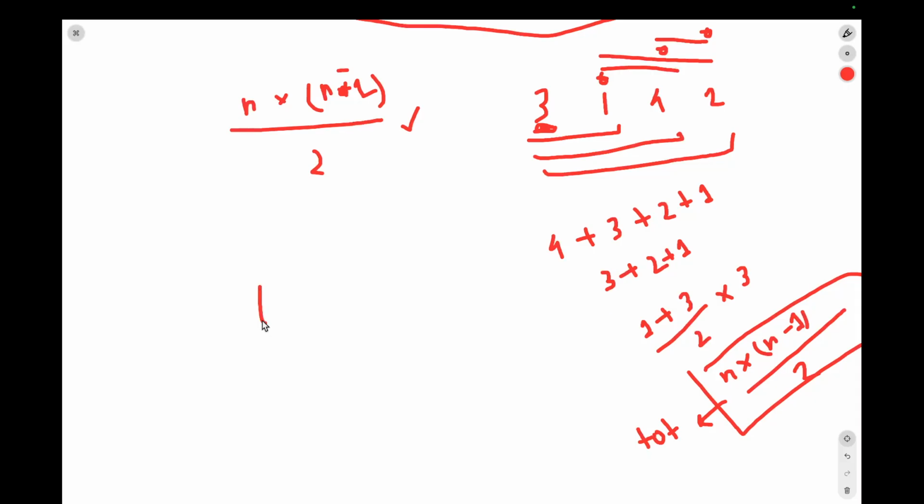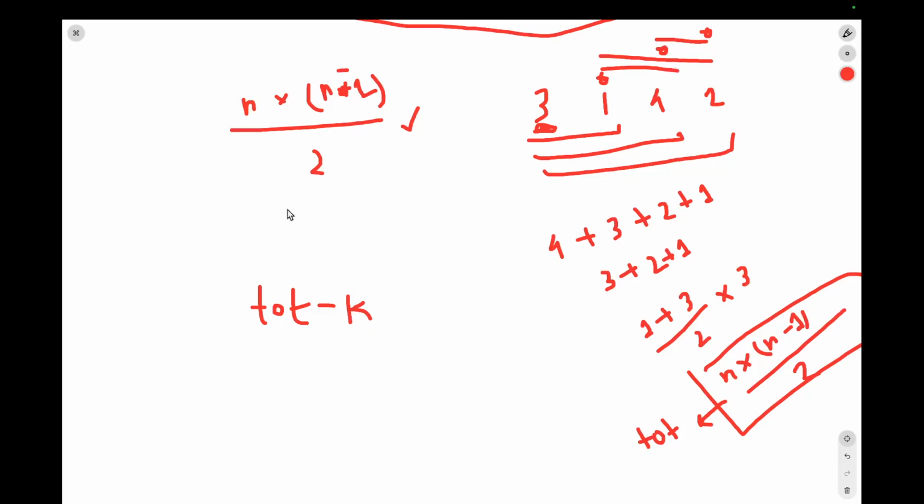So what will total minus k be? That is the number of subarrays where the condition doesn't follow, meaning that there is no such pair present where p of i is greater than p of j.